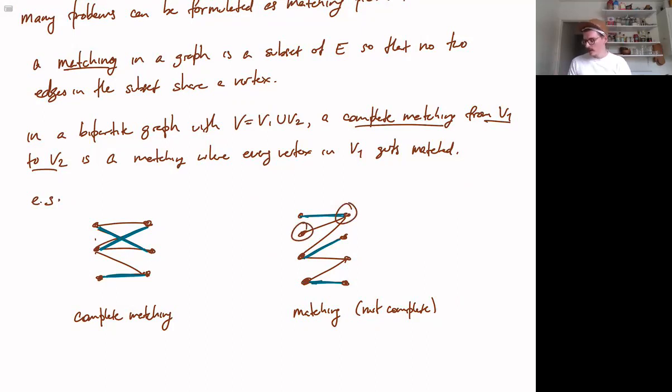So we cannot add in more edges. And with a little more thought, you can see that there is no complete matching at all on this graph, because if we look at these two vertices, then the only thing that either of them can match with is this vertex, and that tells you that they can't both be matched. So in any matching, one of these two will be left out.